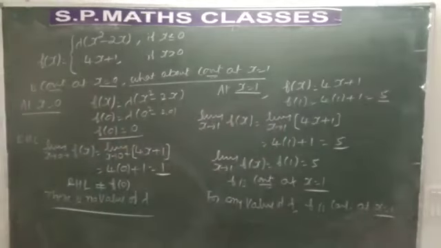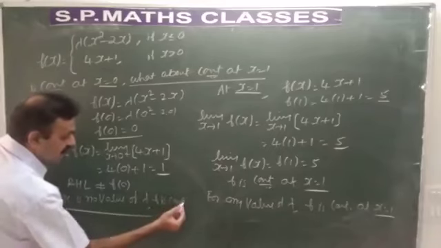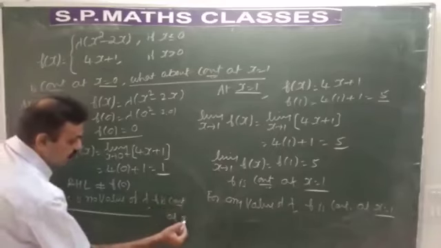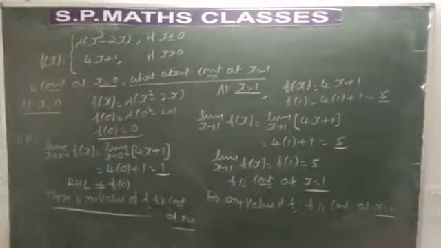So here there is no value of lambda as it is not continuous in the first case. So for no value of lambda, we have to conclude, f is continuous at x is equal to 0. Here for any value of lambda, f is continuous at x is equal to 1. Please understand how to solve this problem.